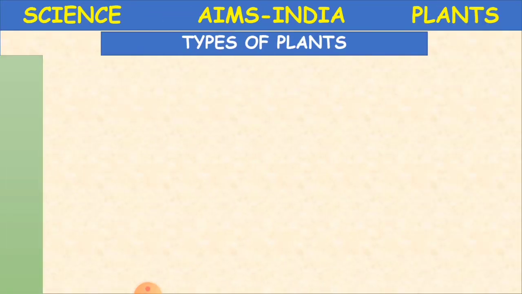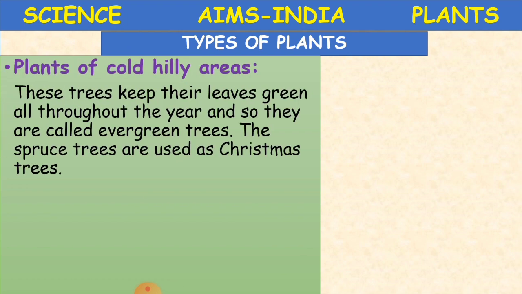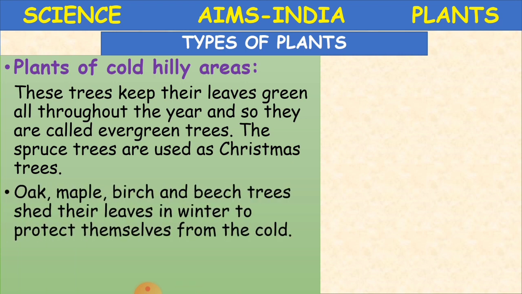Clear, children? Now the second type. One is which grow on land, another one is on hilly areas. Here these trees keep their leaves green all throughout the year, and so they are called evergreen trees.